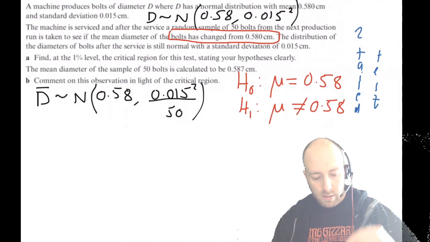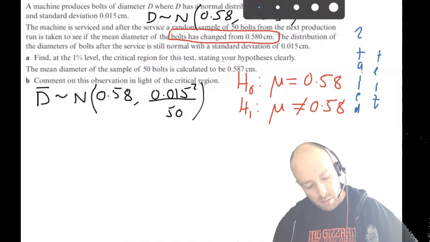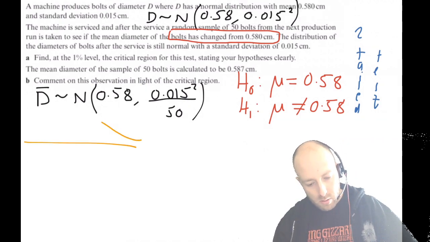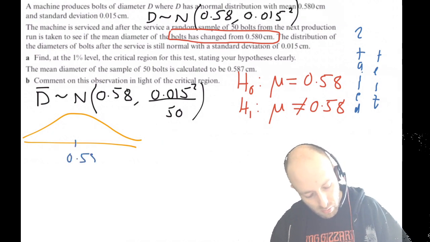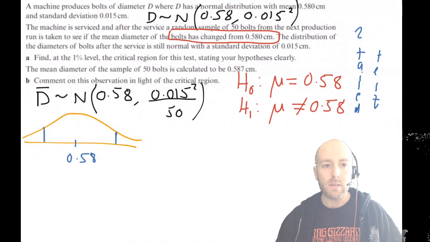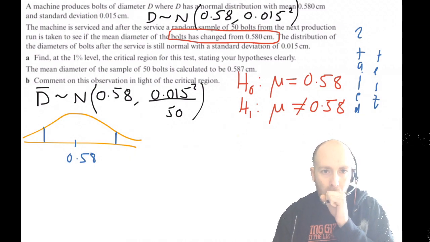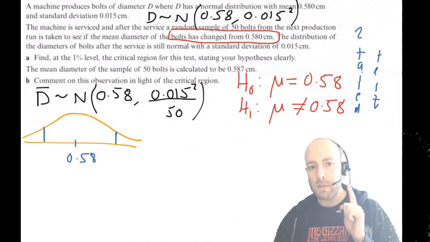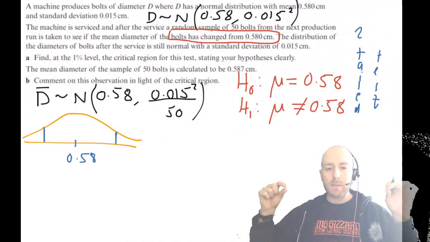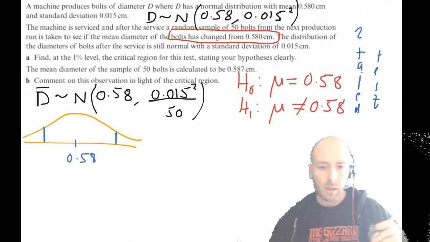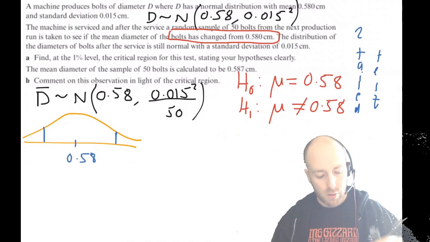Okay, so I don't need to, but I'm going to do a quick sketch. The mean should be 0.58, and we are looking for these critical values. It's asked me to test at the 1% level. So same as in binomial, we need to split that percentage up between each tail. So we're going to have 0.5% for each tail.